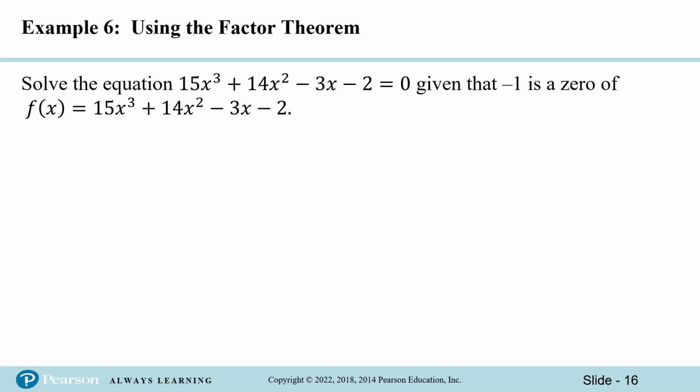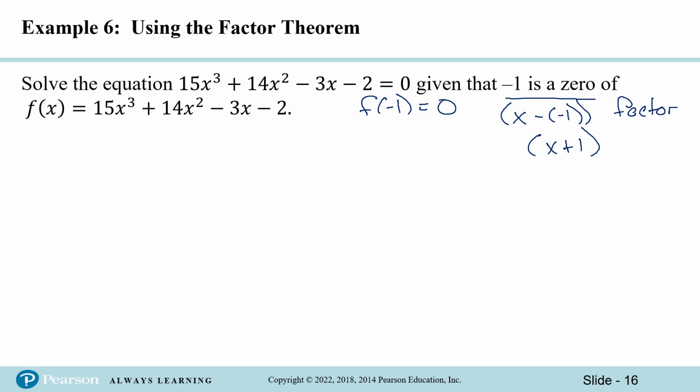So we know that f of negative 1 equals 0, because that's what they just told us. And because f of negative 1 equals 0, then we know that x minus a negative 1 is going to be a factor. So x plus 1 would be a factor of this right there.